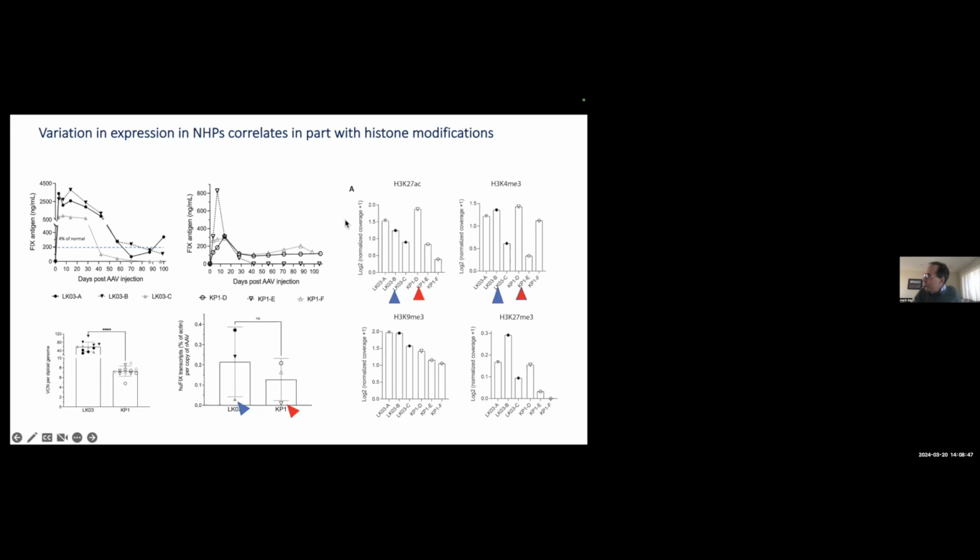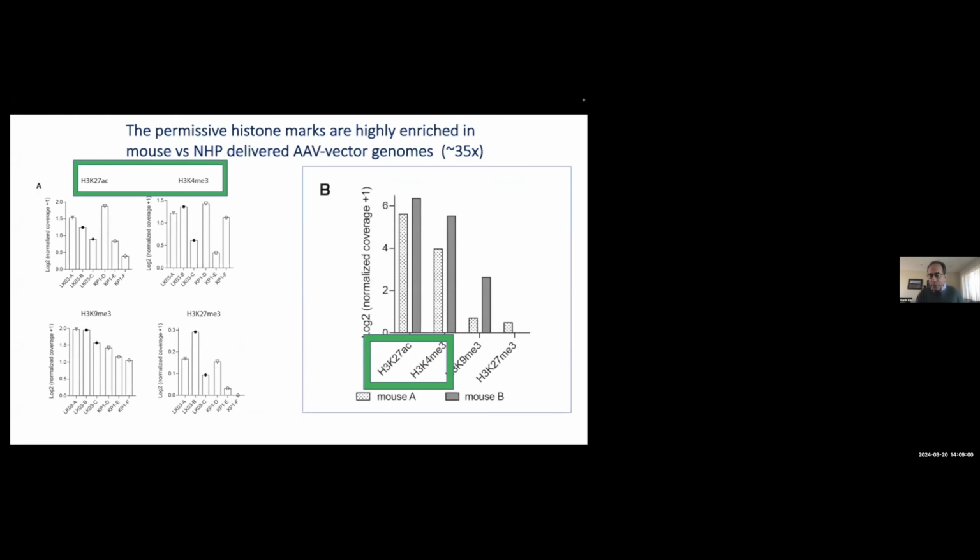Another interesting thing is, both in humans and non-human primates, we've never been able to get to the same level of expression that one can get in a rodent with the best capsids being used. When we look at our histone marks, we correct for genome copy number.